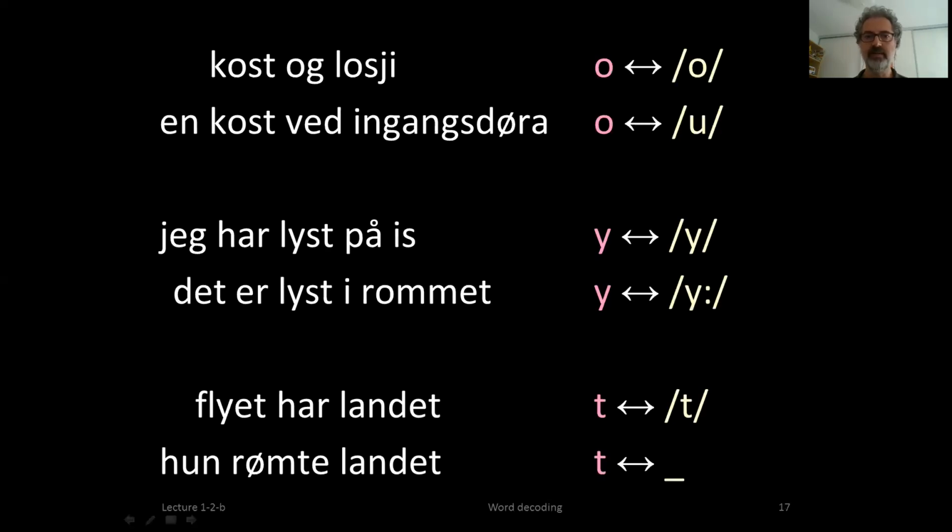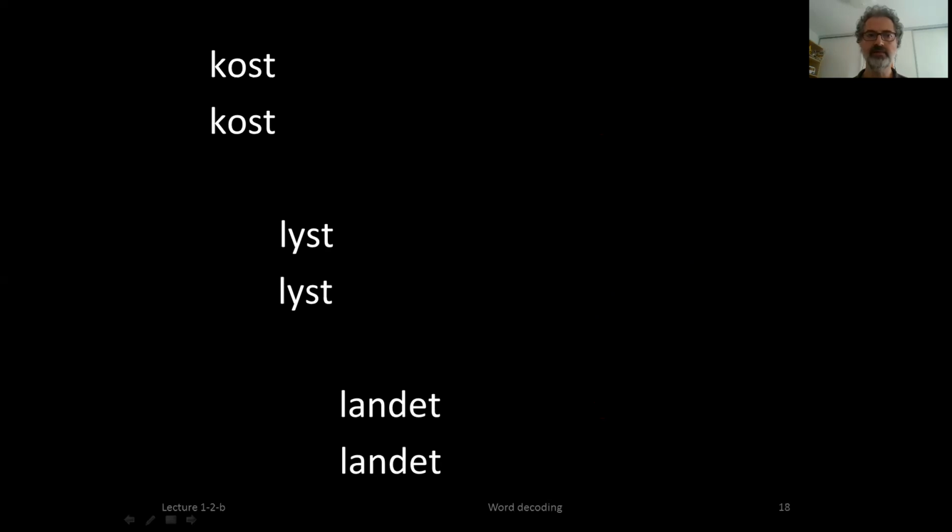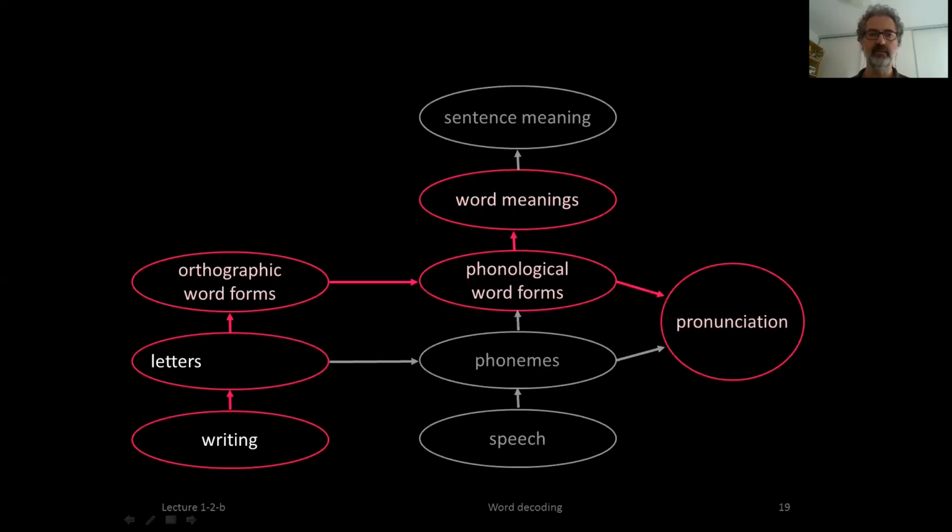But here they're not the same thing. So this means that when you're reading this word, you're basing your reading on the meanings around it or on the words around it. So this means that we're going to have to extend our diagram in several ways.